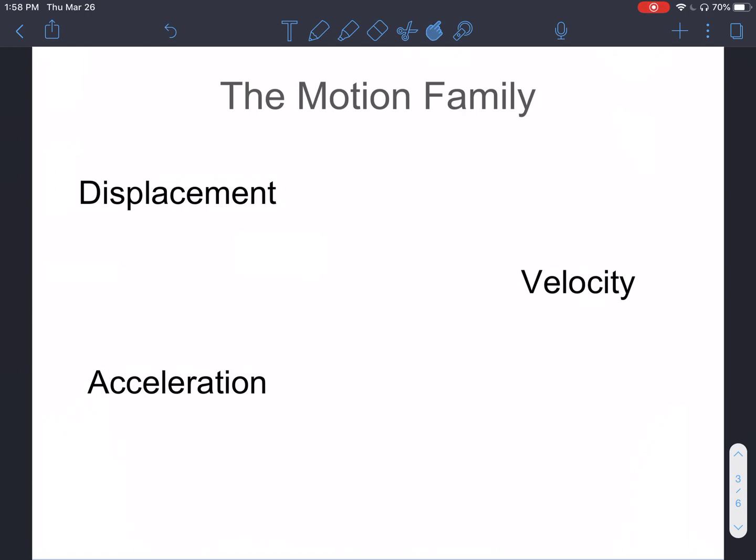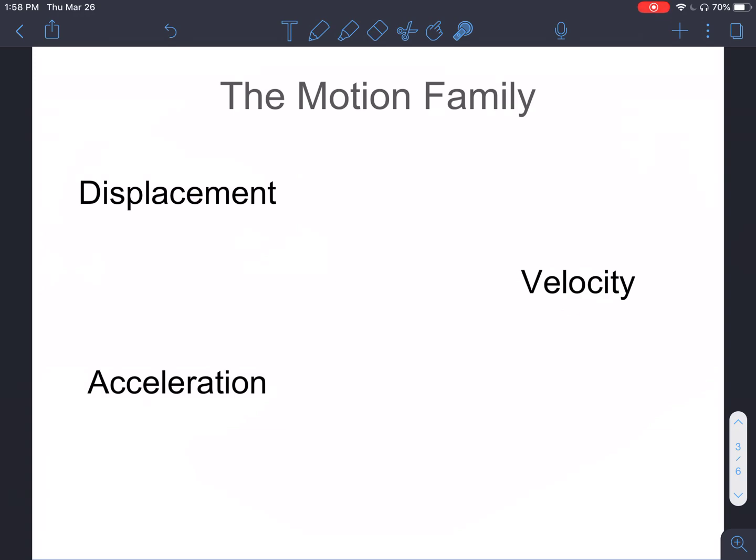All right, so we have displacement and velocity, two things that we've already learned about, and we had a little review on that yesterday as well. Our new one is acceleration, but I am grouping all of these in the motion family. We're gonna think of displacement as like the grandpa.